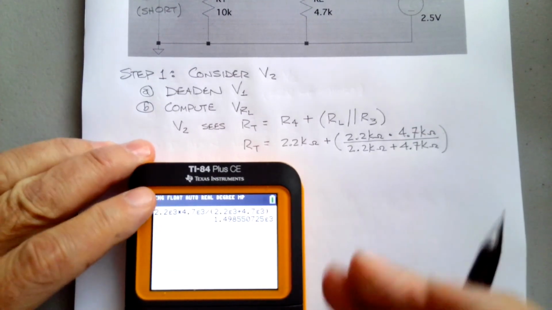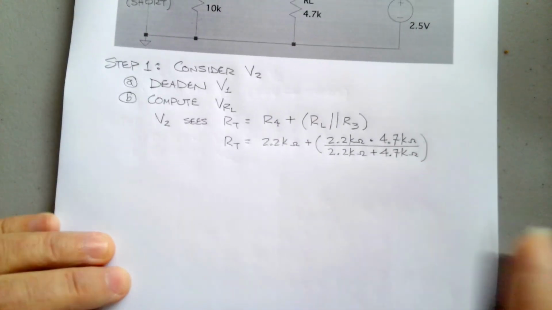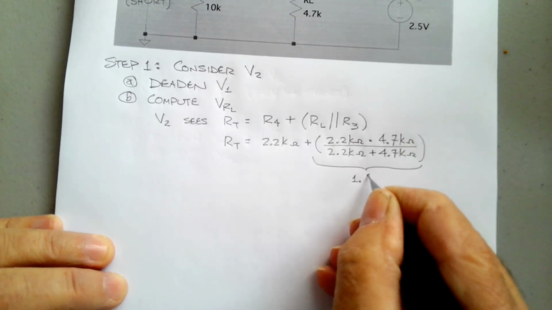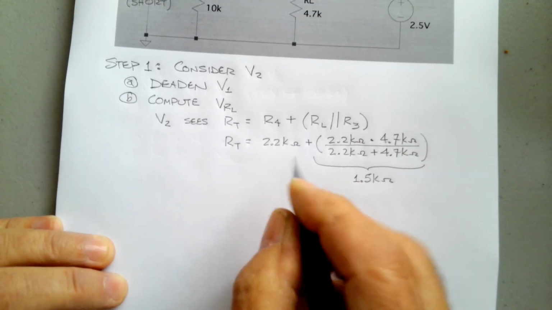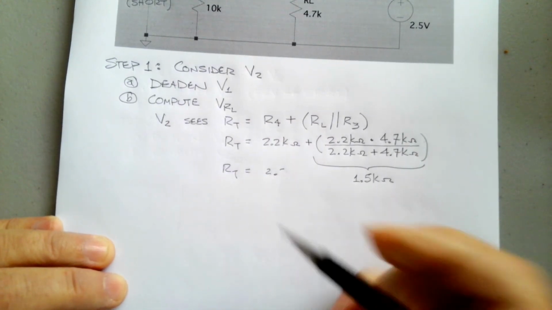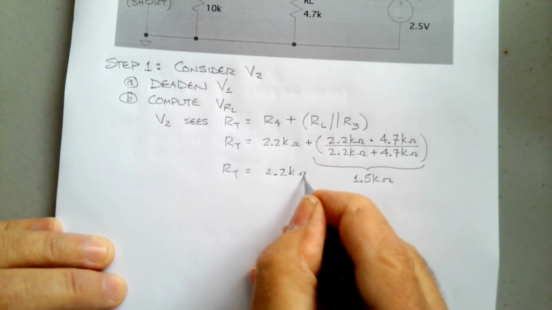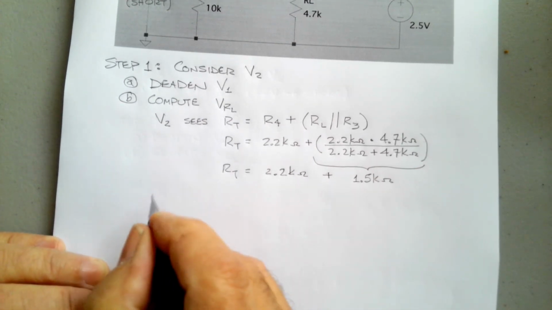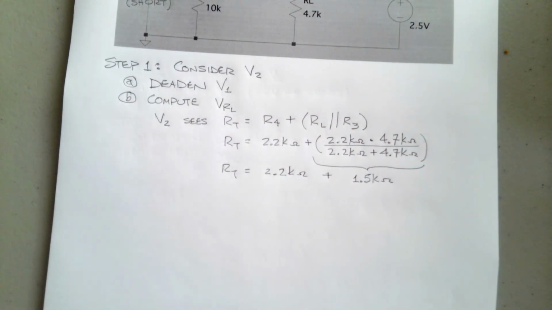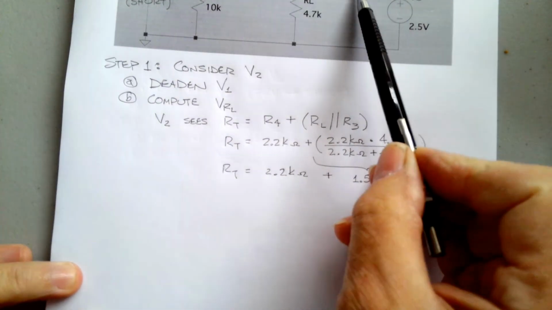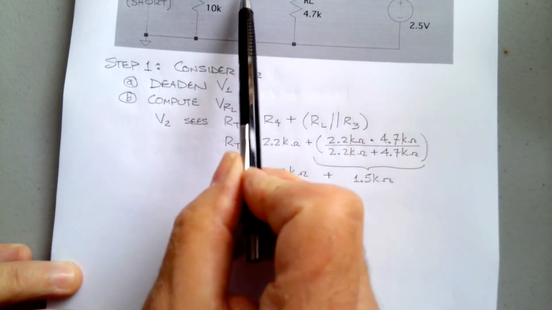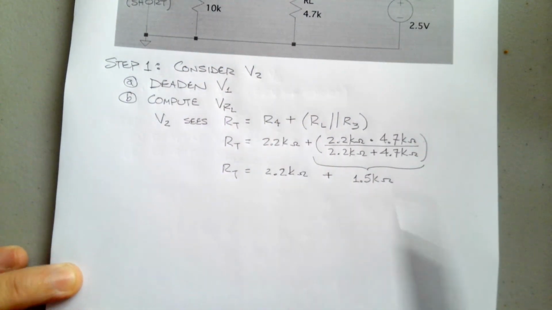All right, so we're just going to say that this right here is 1.5 k, and so our total equals 2.2 k ohms plus 1.5 k, and so now we essentially have a series circuit where it's 2.2 k in series with the parallel combination of 2.2 and 4.7, which is this.